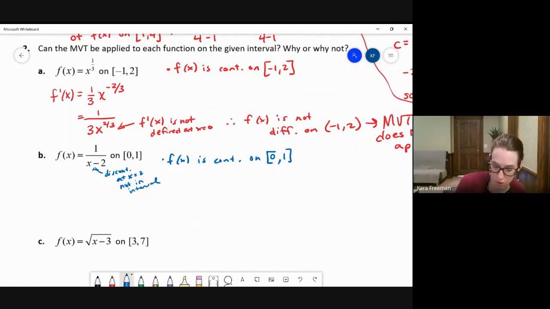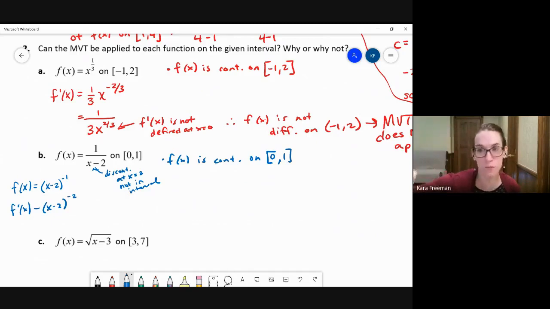Differentiable, we're going to take the derivative. I'm going to rewrite 1/(x minus 2). The way I would approach the derivative would write it as (x minus 2) to the -1 power. I would not do quotient rule, I would do chain rule. So then f prime would equal -(x minus 2) to the -2 power times the derivative of the inside, which is just 1. Oh, I kind of left off my equals.